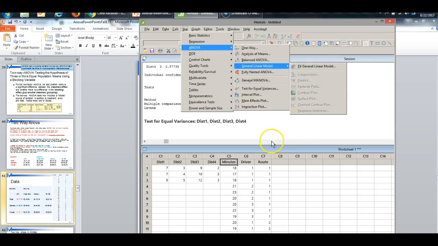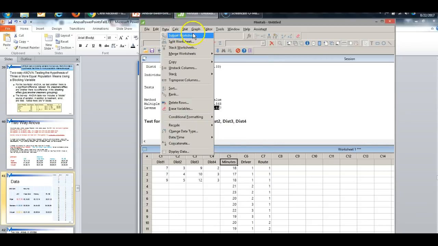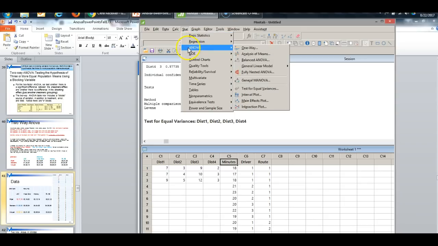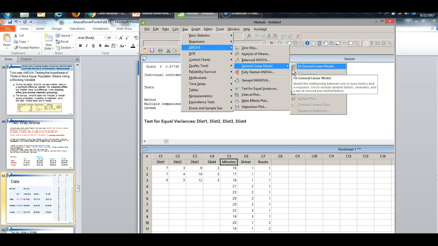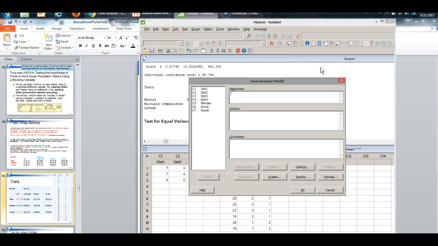This is the most general context, and this is the way we need to do it. In older versions of Minitab, it did have just Stat, ANOVA, two-way, not this version. In versions 17 and 18, this is the way we're going to run a TwoWayAnova. One more time, Stat, ANOVA, general linear model, fit general linear model.